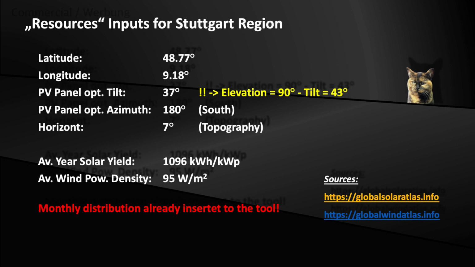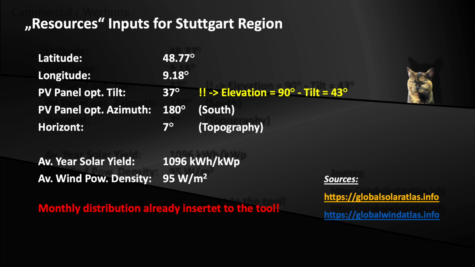For our tool, we need the solar panel elevation angle, which is 90 degrees minus the tilt angle. With the given formula, in our example, the optimum elevation angle equals 43 degrees. I hope this is not too confusing.